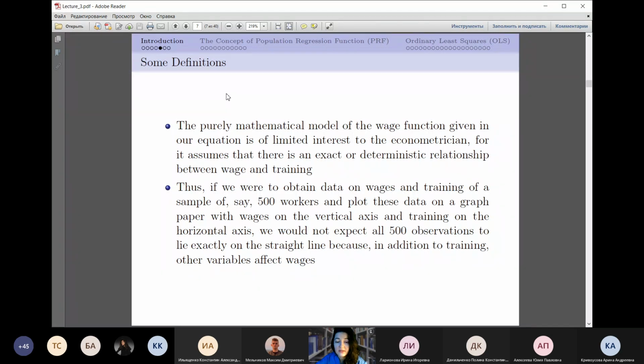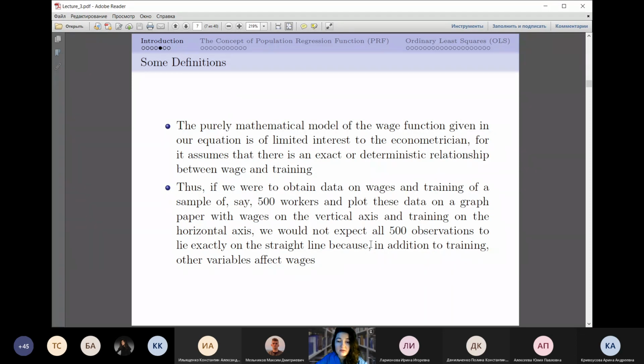with wages on the vertical axis and training on the horizontal axis. We will not expect that all these observations from our sample will lie exactly on a straight line, because it's too simple to assume that only training can affect the level of wage of some average person. Of course, this is not true, because there exist a lot of other factors that also can affect the level of wage.